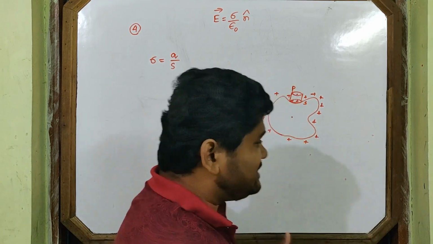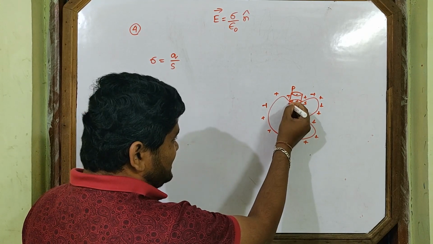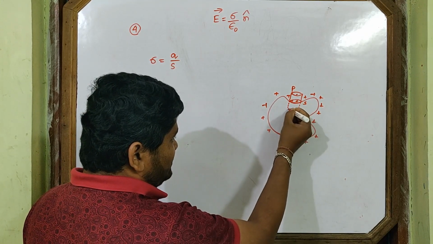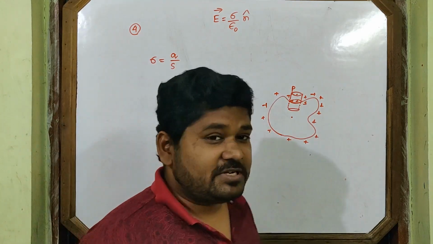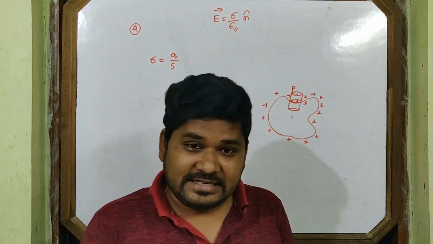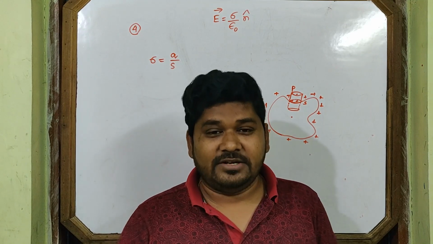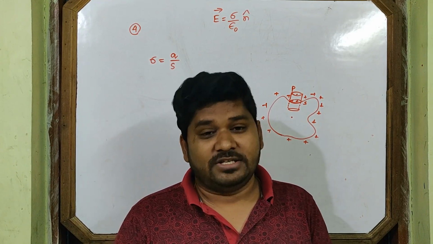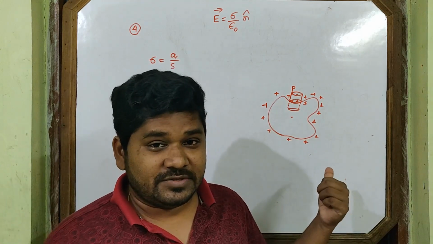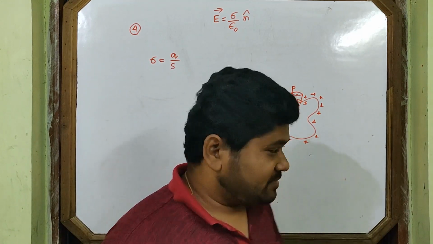So you have to extend this Gaussian surface inside the conductor also, to enclose the charges present on the surface. You have to extend the cylinder. Now it is your Gaussian surface where you can use Gauss law.